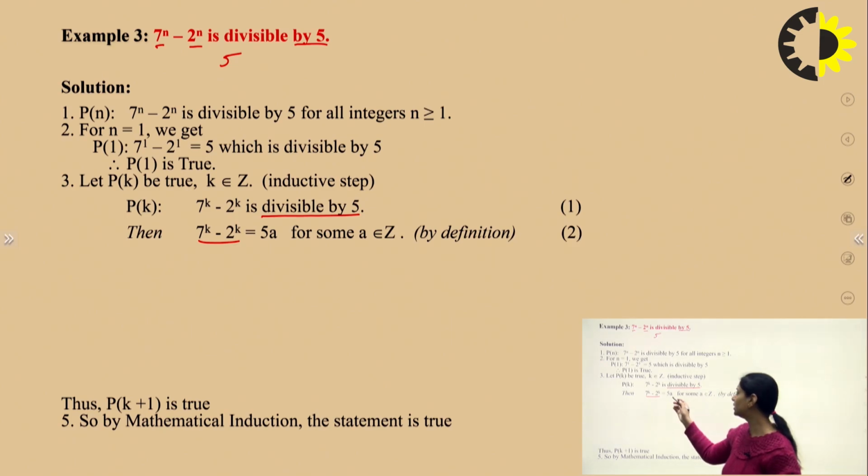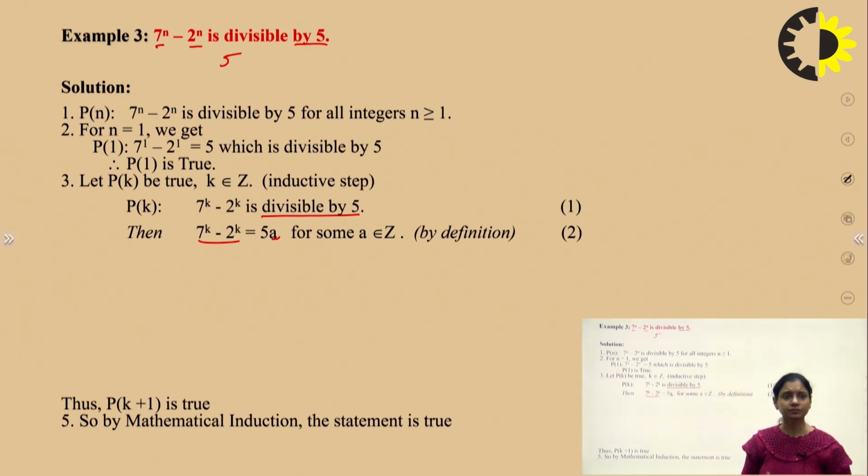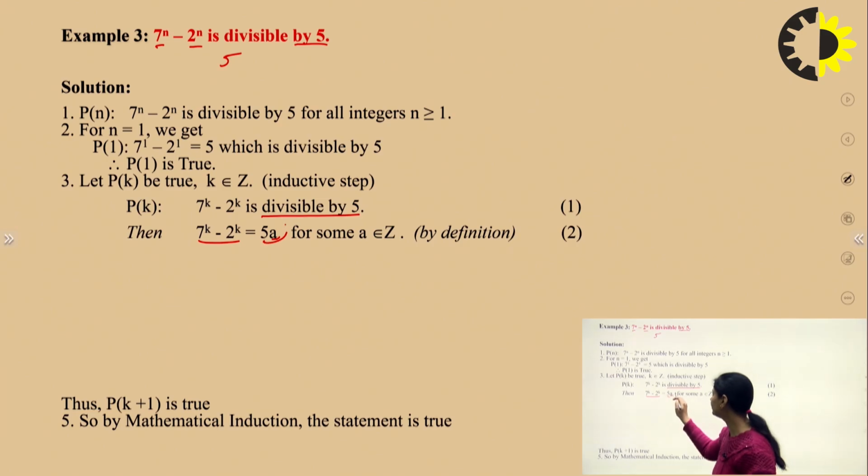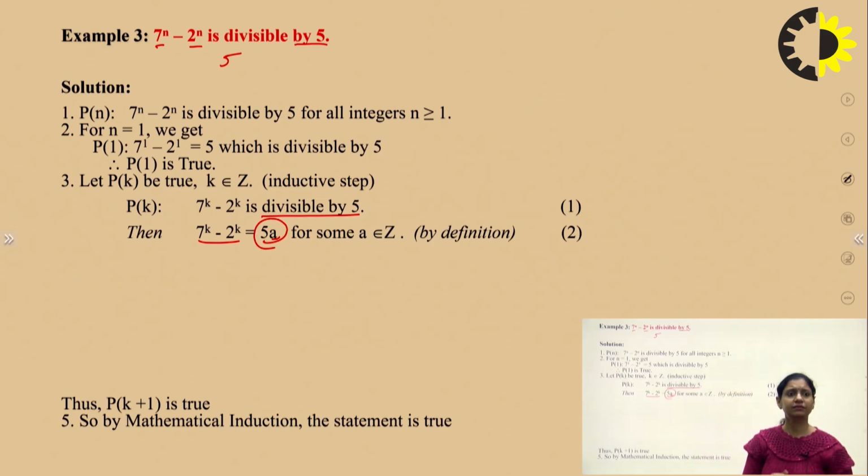Because if I take k as 1, I get 5 is equal to 5 times 1. Similarly, when I take k equals 2, I get 7 square, that is 49, minus 2 square, that is 4. So 49 minus 4 becomes 45, that is 5 multiplied by something, so 5 times 9. So this a over here becomes 9.